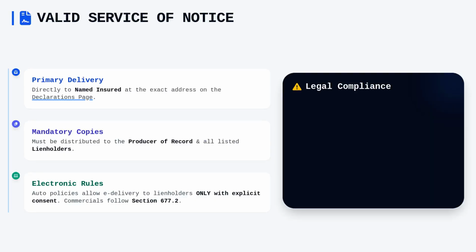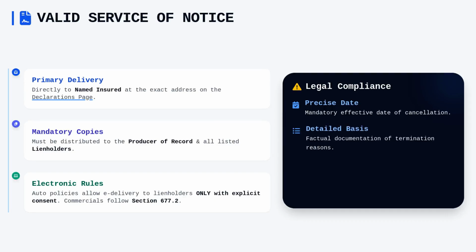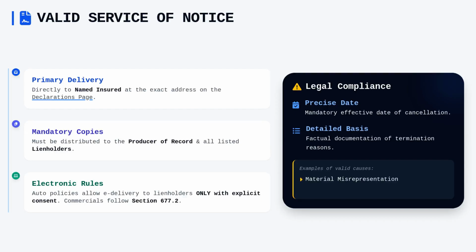A critical component of a legally compliant notice is the mandatory inclusion of the precise effective date and the explicit, detailed reasons for the cancellation. An insurer cannot simply state that a policy is being terminated. They must document the factual basis, such as a substantial increase in the hazard insured against or material misrepresentation.